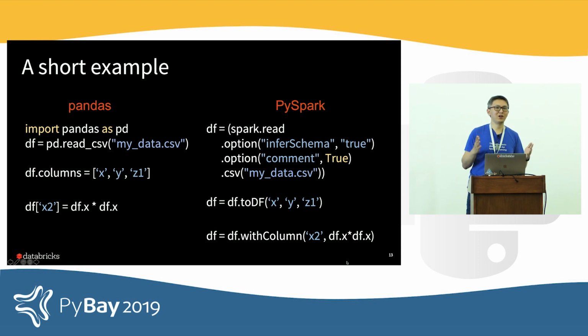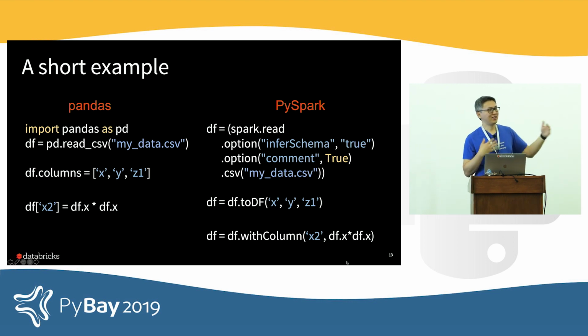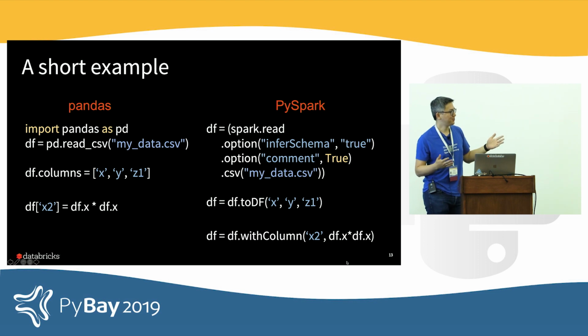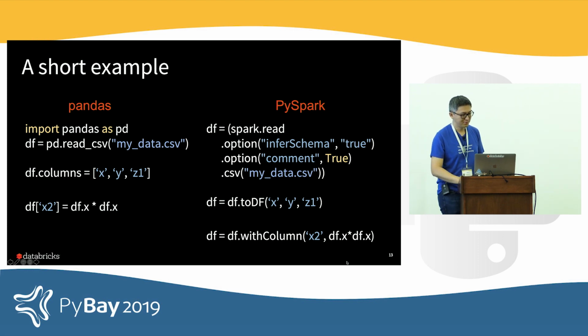Maybe you have no idea what options we provide. And the default values might be different from Pandas, so you have to change them. And also, the rename is different. It's not very friendly, especially for Pandas users.